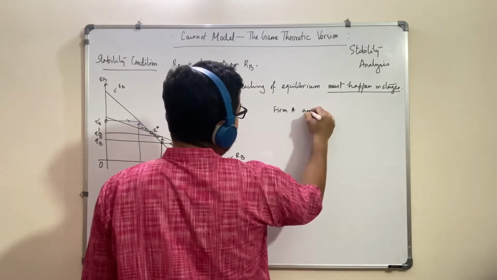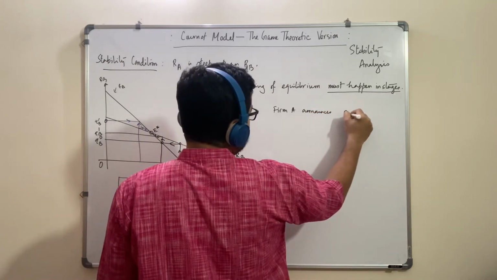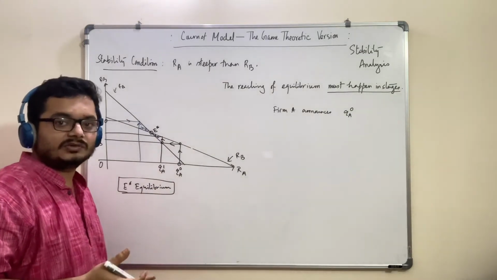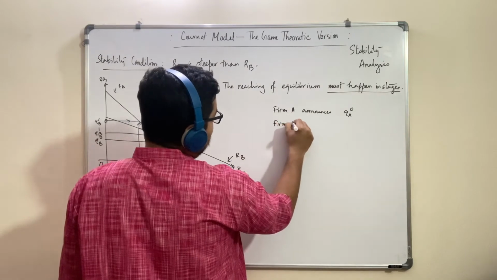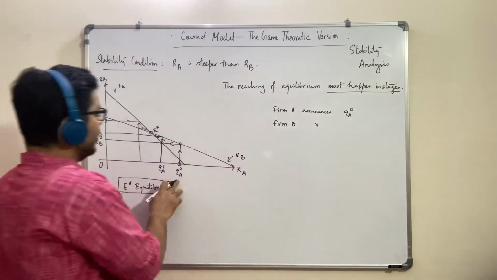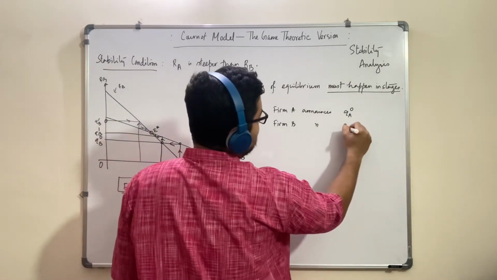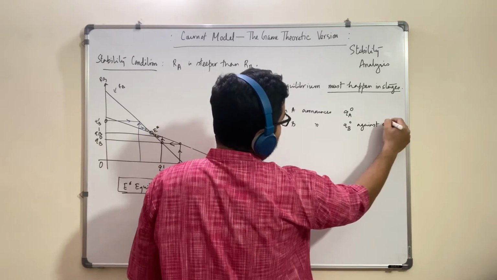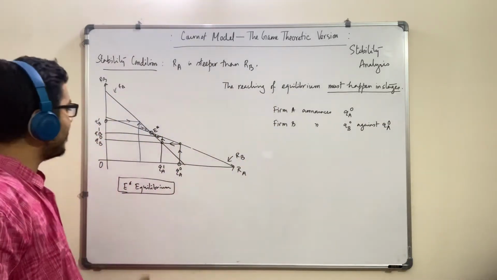Farm A announces QA naught, assuming that farm B will not do anything, and then farm B announces QB naught against QA naught, and hopes that farm A will do nothing.